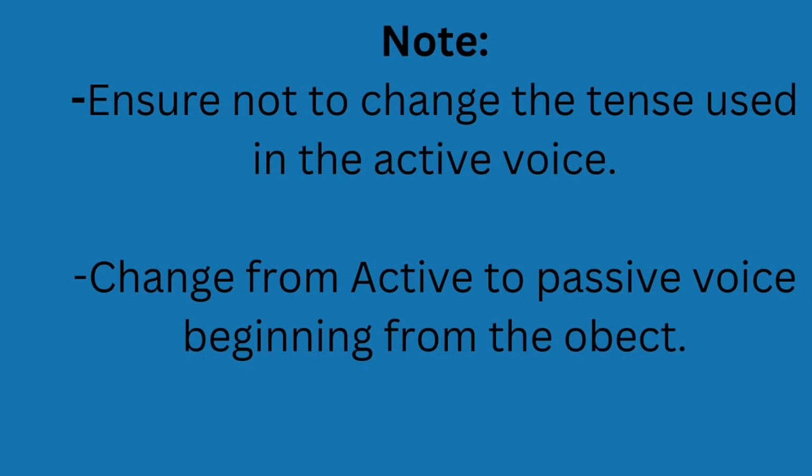They tend to forget that the position of the subject and the position of the object is a major determinant in changing from the active to passive voice. And so when you begin your change from another element of the sentence, you are bound to make a mistake. But always remember that when you're changing from the active to passive voice, you should begin from the object. By the time you begin from the object, it will now go to the position of the subject, and the subject will come to the position of the object.